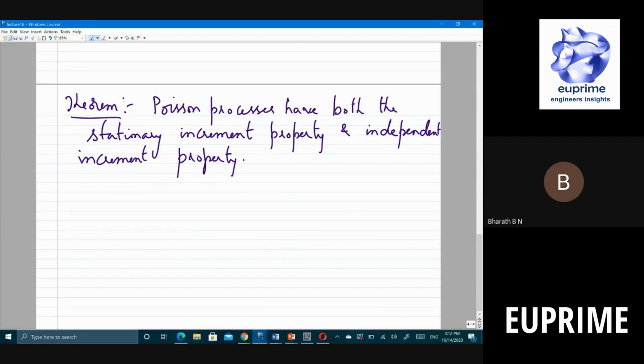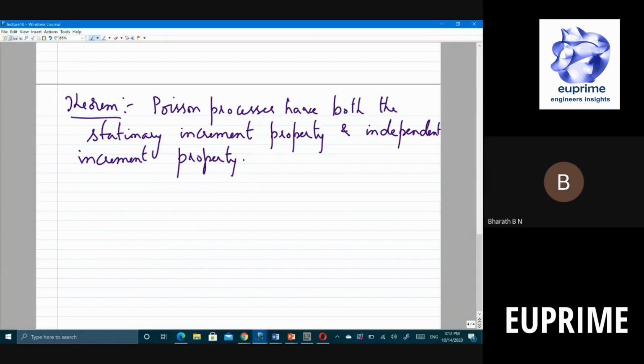That's what the stationary increment property says. It only talks about the statistics. It doesn't say whether it has to be independent or not. So is it kind of identically distributed? Yes, exactly. One is identically distributed, the other one is independent. Put together, you can say that it should be an IID process. Okay, is that fine? Yes, sir.